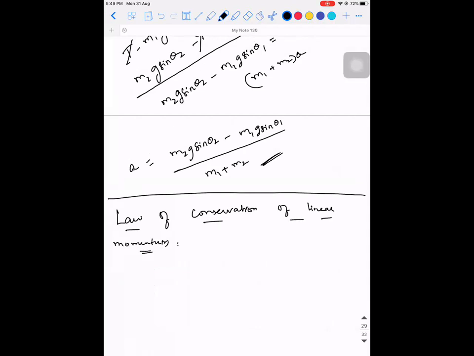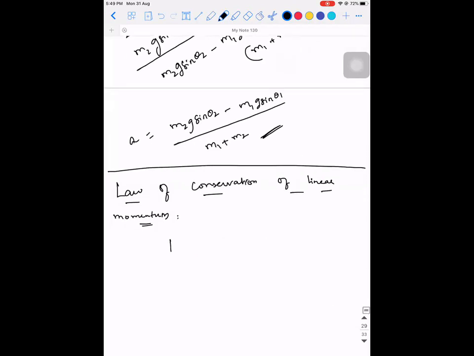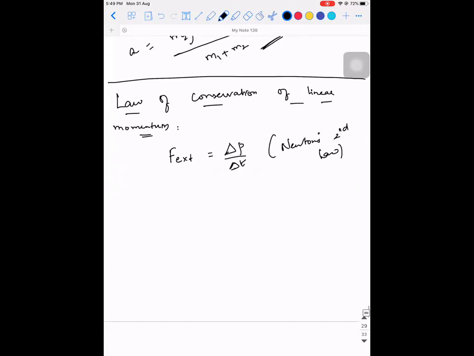So the question is, how is linear momentum related to force? According to Newton's second law, F external is equal to delta P divided by delta T. According to whom? According to Newton's second law.